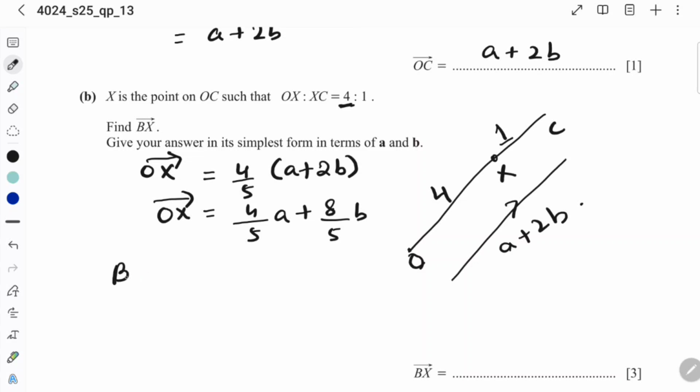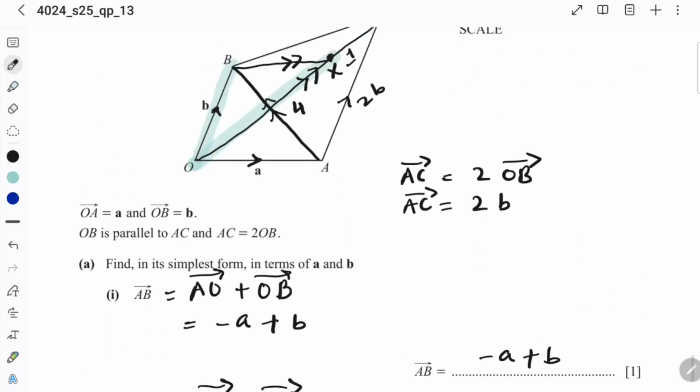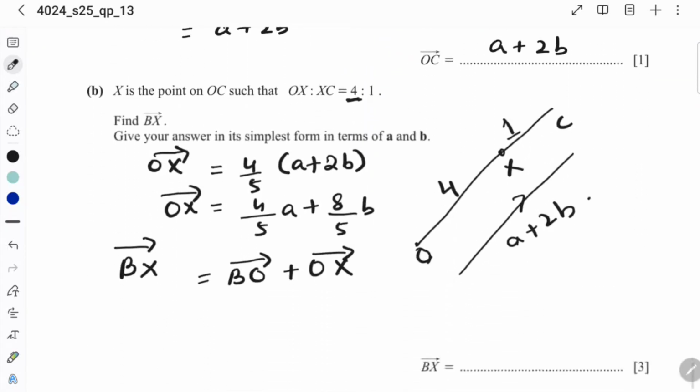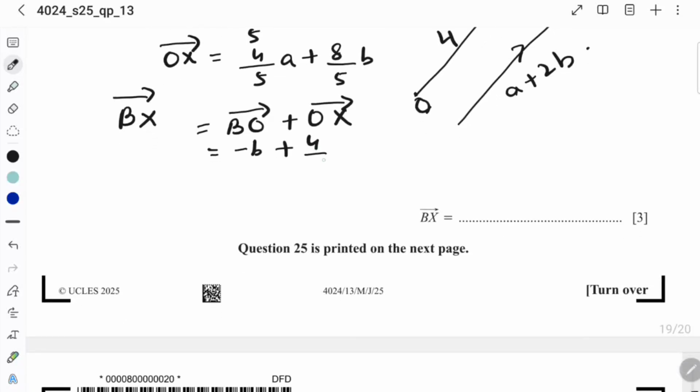So BX is equal to BO plus OX. BO is how much? B to O, we are moving in the opposite direction, so that is minus B. Plus 4 over 5 A plus 8 upon 5 B, which we just calculated.